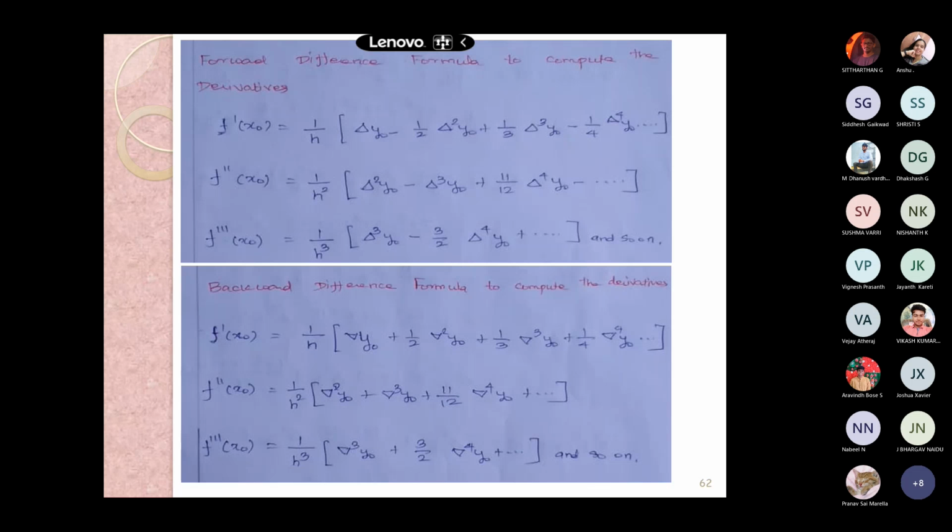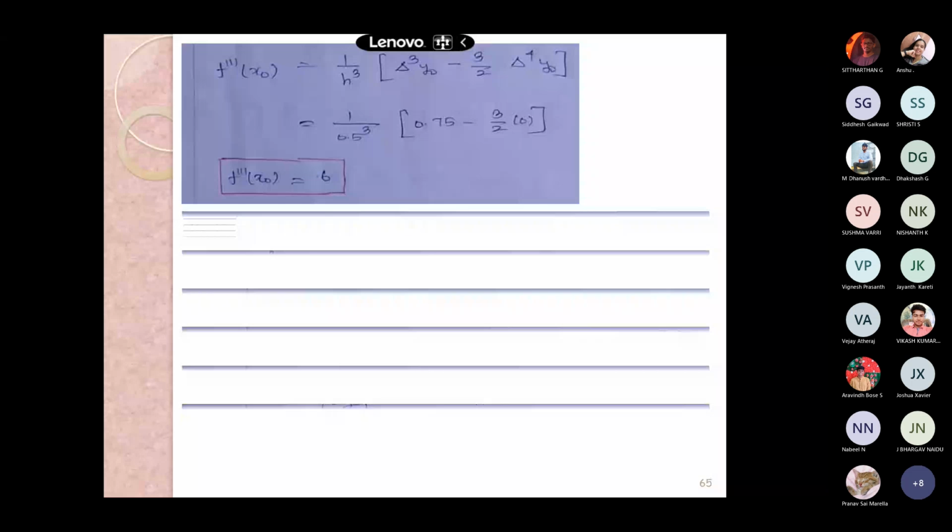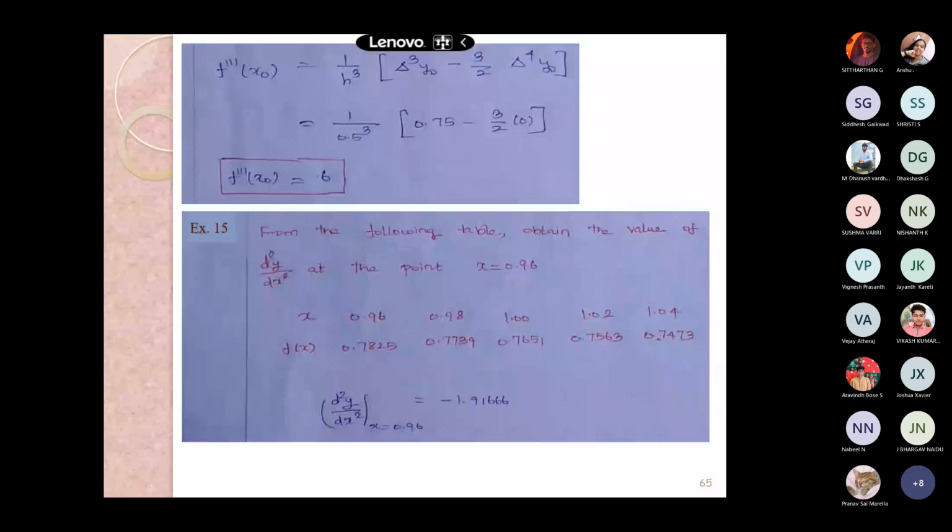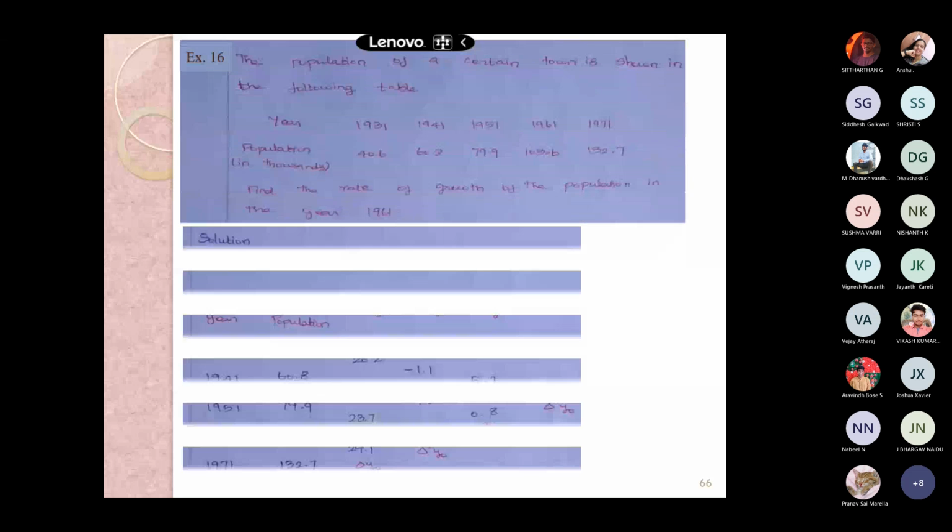Now we'll come back to the problem. The theta is given, and we need to find the angular velocity and angular acceleration. We need to depend on y dash and y double dash.